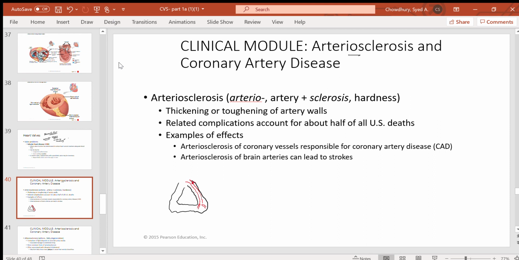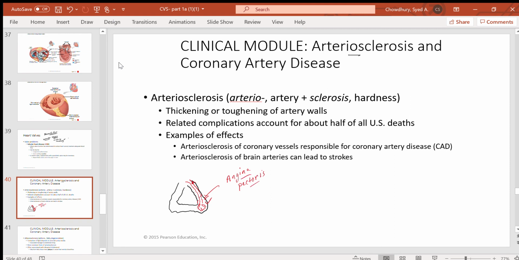Some blood will still be able to reach here, right? Because the artery is not fully blocked. So less blood will go here, insufficient blood, and that will cause pain in this area, and that is called angina. Angina means pain. Pectoris means chest. You remember pectoral muscles, chest muscles. So angina pectoris is chest pain.